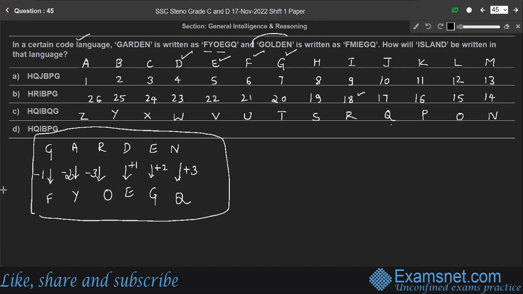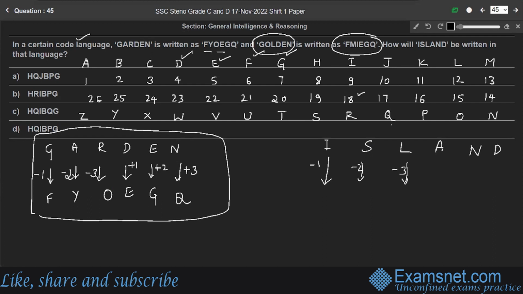Similarly, the second word golden is written as FMIEGQ, right? So now we'll consider the last word island and its code, right? So first 3 letters minus 1, minus 2 and minus 3 respectively.